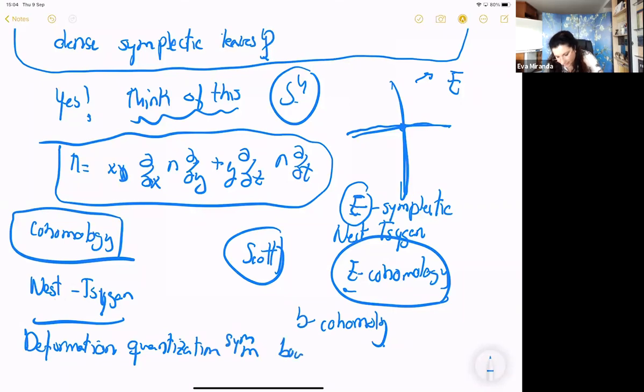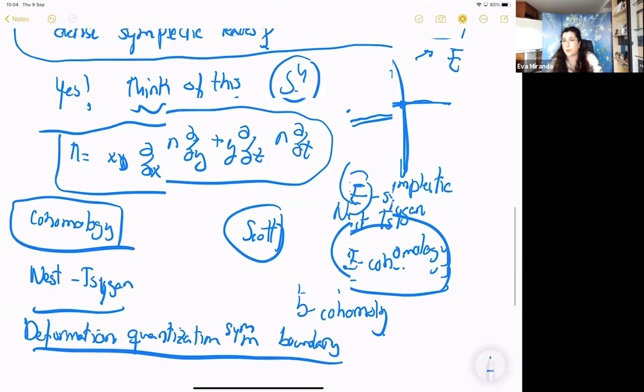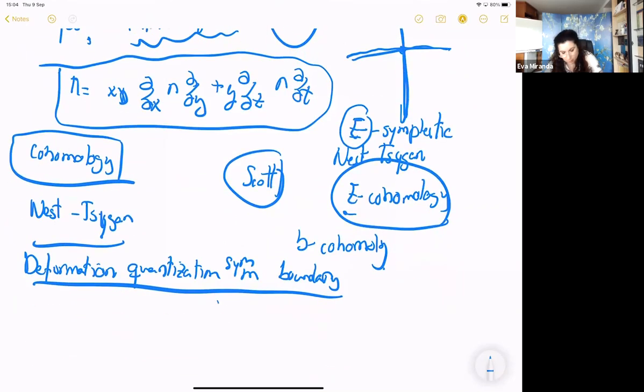If you read their paper with care, you can easily translate this to the deformation quantization of bisymplectic manifolds.